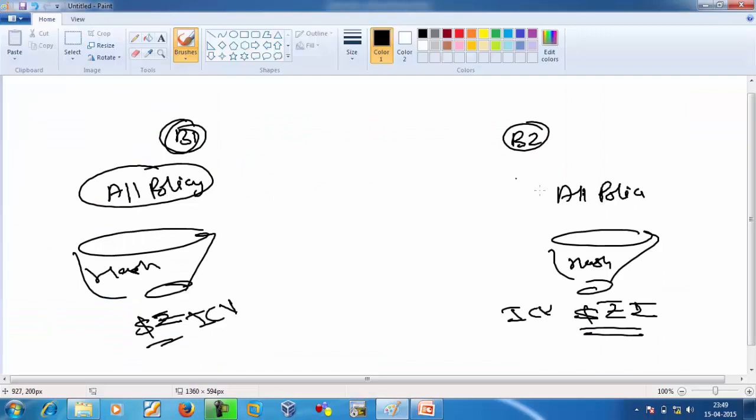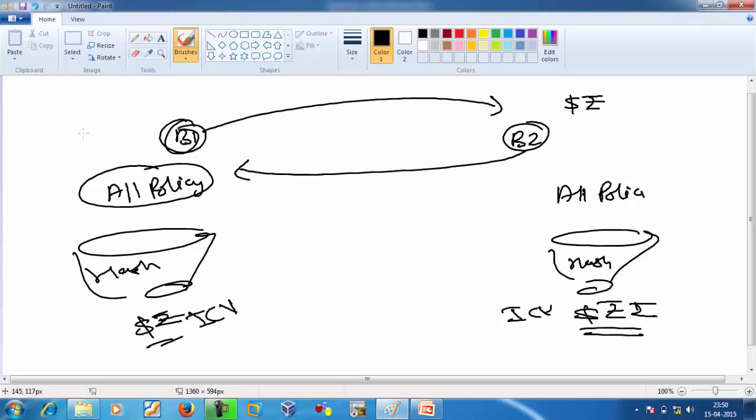Now branch 1 and branch 2 are both creating their own SPI. When they initiate the session, branch 1 will tell its SPI, and when they negotiate, branch 2 will tell its SPI.